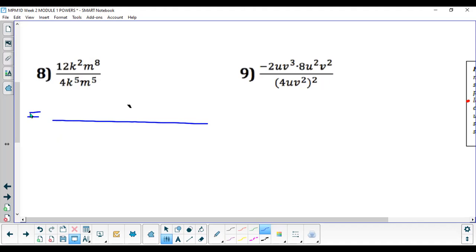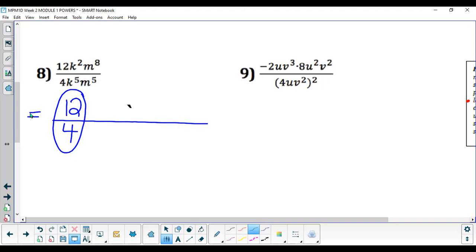Okay, so we have a question here which has a number of different variables. Remember, letters are called variables, some different powers as well as coefficients, the numbers in front of the variables. So I have 12/4. I want to deal with the 12 divided by 4 separately. I have my k variables.